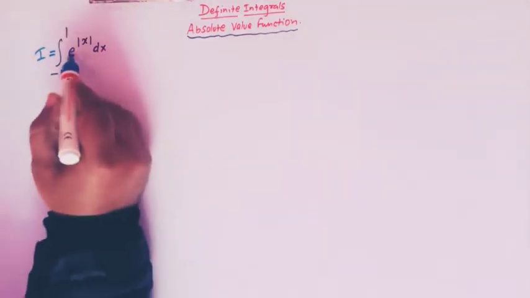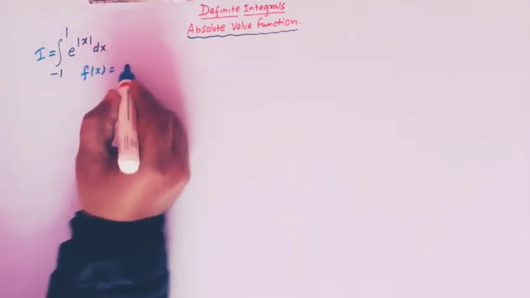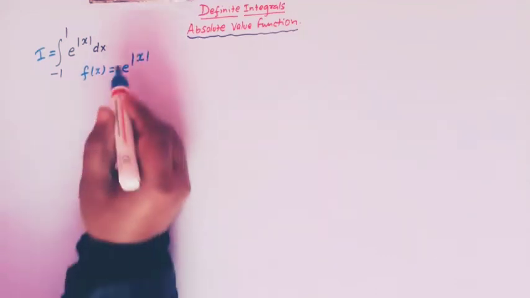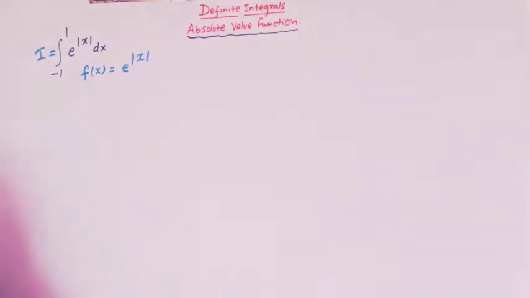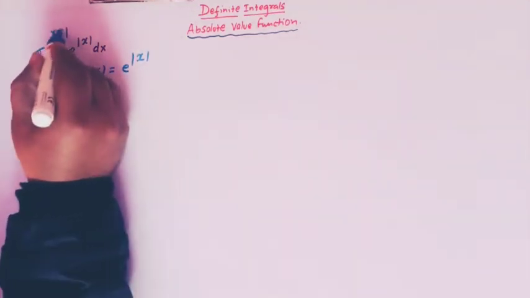Now here we see that our integrand, f of x, is equal to e raised to mod of x, and here we have to first utilize the definition of absolute value function. So here x varies from -1 to 1.